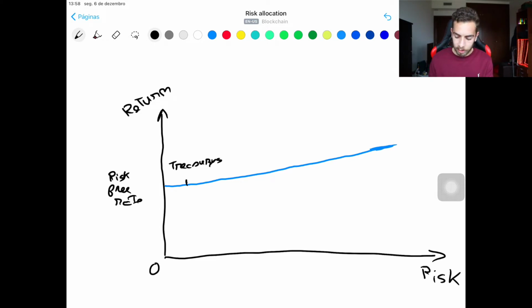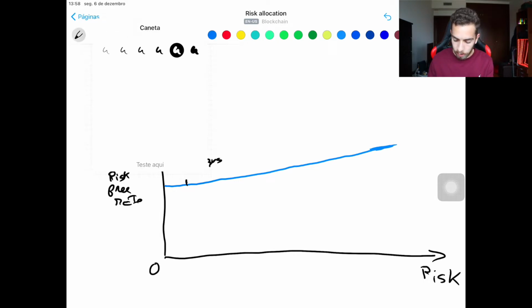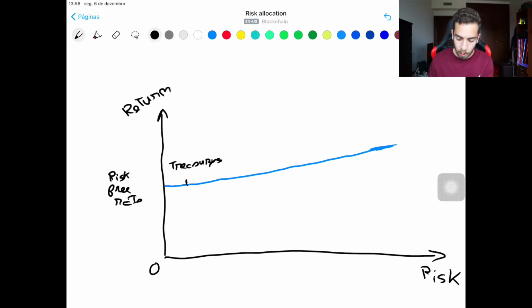So you can see here the amount of risk is kind of low, but also your return is going to be lower than other asset classes here at the end of this line. But let me just erase this. So the next thing we are going to have here are going to be high grade bonds.